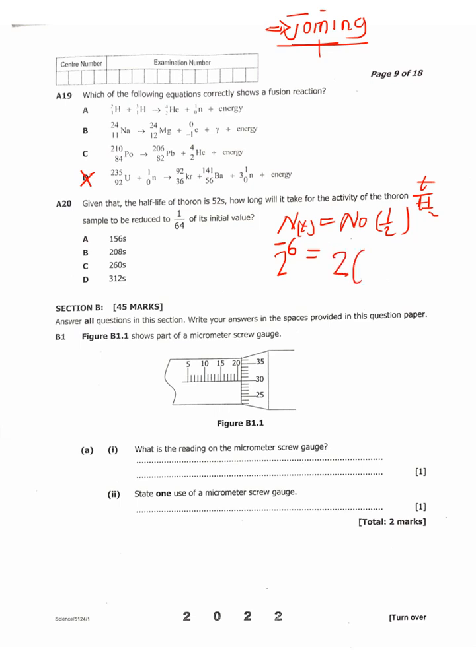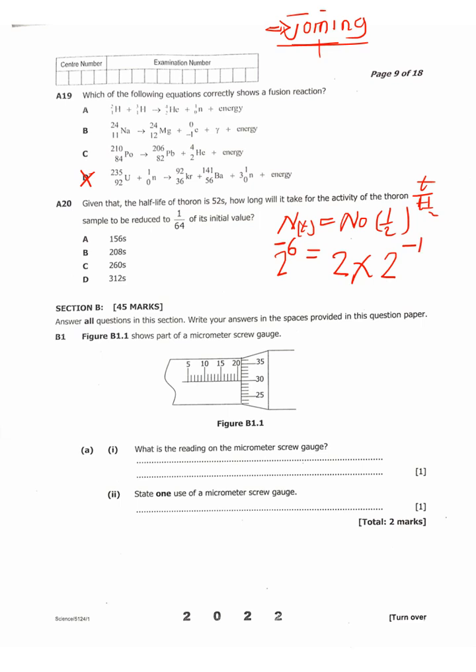Then for half, instead of writing it as half, I will just write it as 2 raised to the power negative 1.